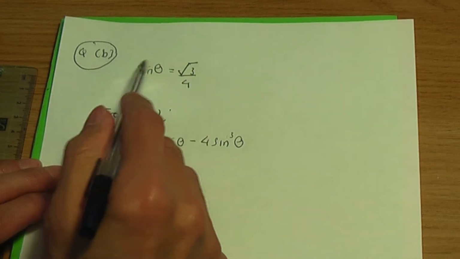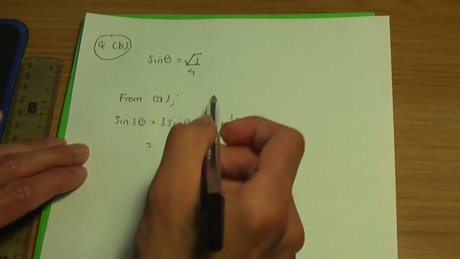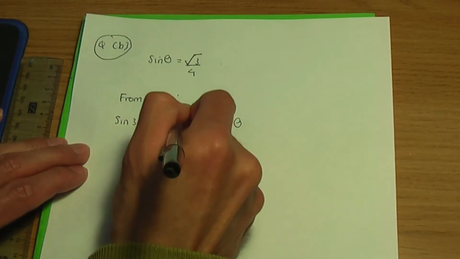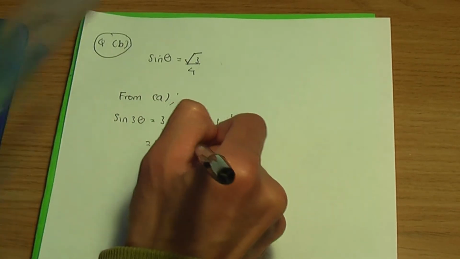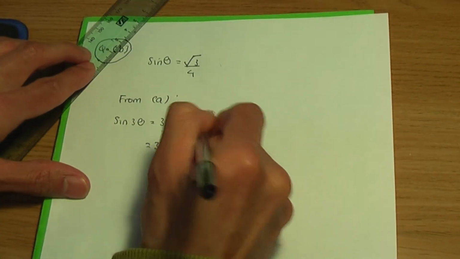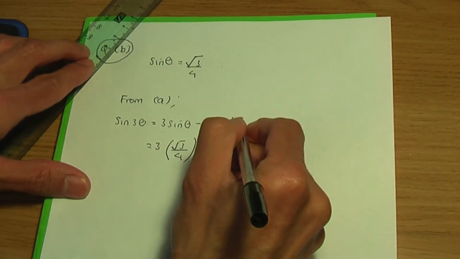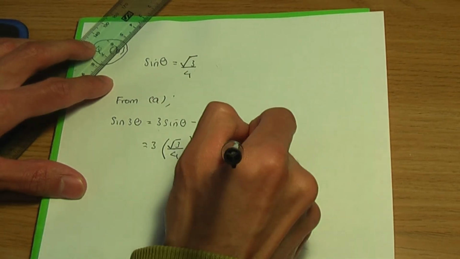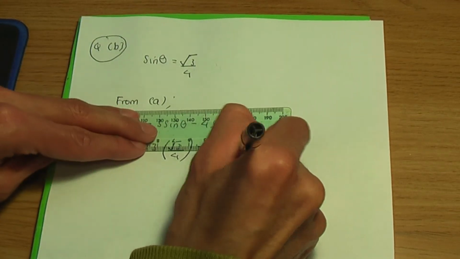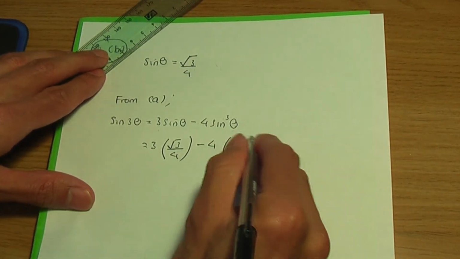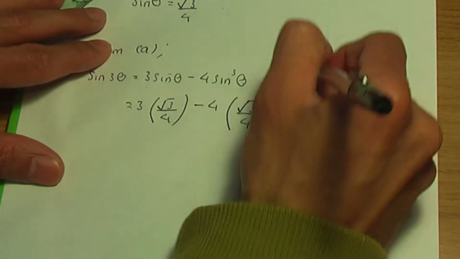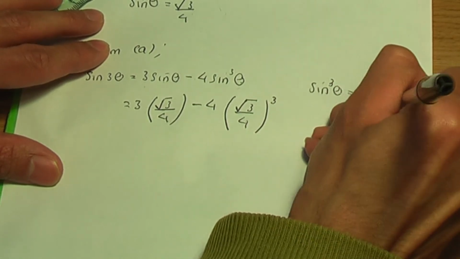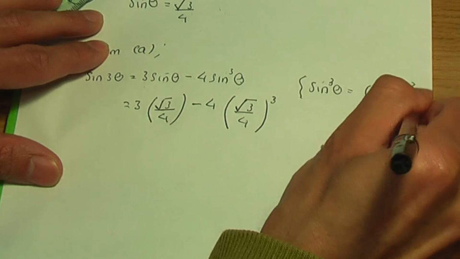Now we have this value of sine theta, so let's simply replace that value in this form to give us 3 times root 3 over 4, minus 4 times, and sine cubed is the same as sine theta to the power of 3, so root 3 over 4 all cubed. So bear that in mind.